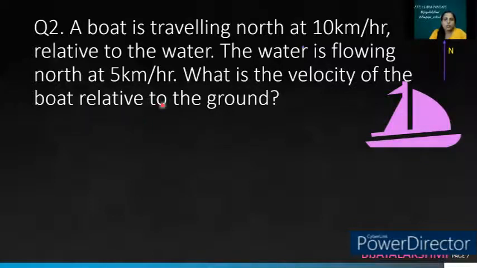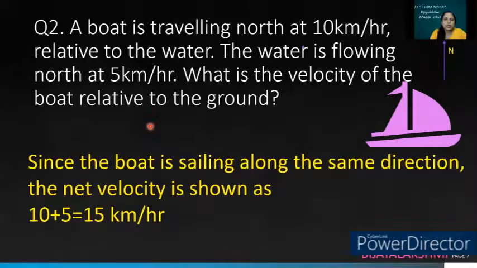The water is also flowing towards north. Then how can we calculate the relative velocity of the boat to the ground? Since boat and water are both in the same direction, we just add the velocities. So we get 10 plus 5, that is 15 kilometers per hour. So this is the net answer.